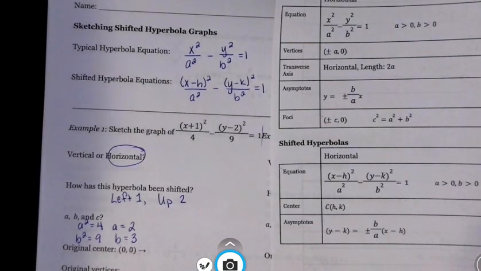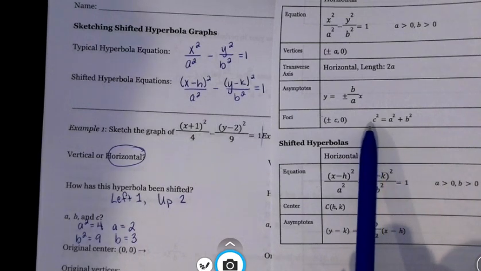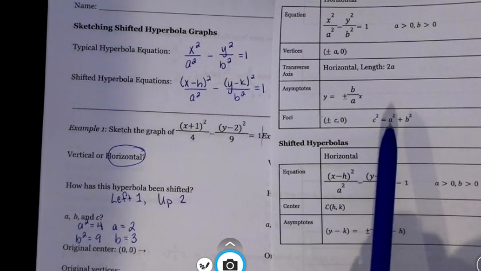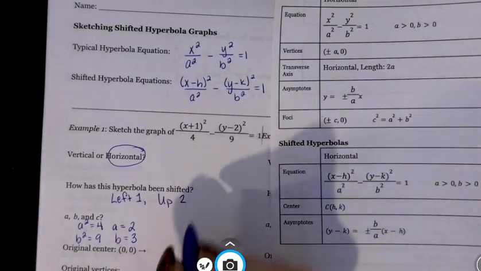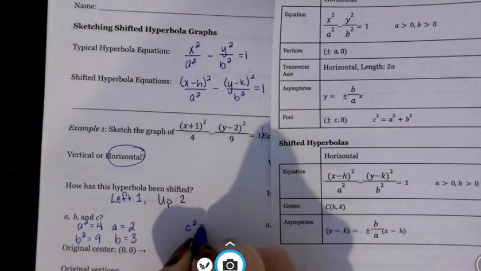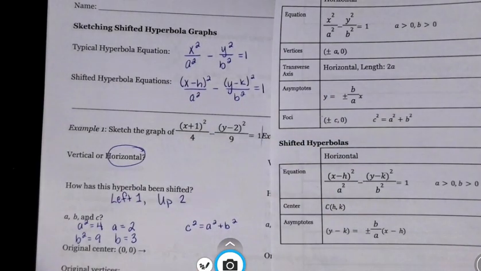So to figure out my c value, I am going to use this formula on my formula sheet. I have to use the one that is part of the hyperbola section. It will not work if you use the one from the ellipse section. So for a hyperbola, we have to use the one in the hyperbola section. So c squared equals a squared plus b squared.